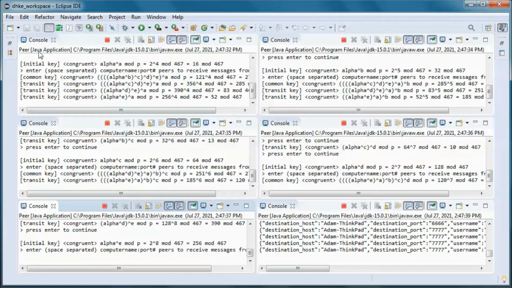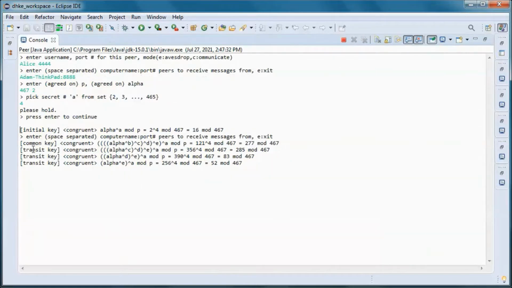Now all 5 peers calculated this common key, so 277 mod 467.